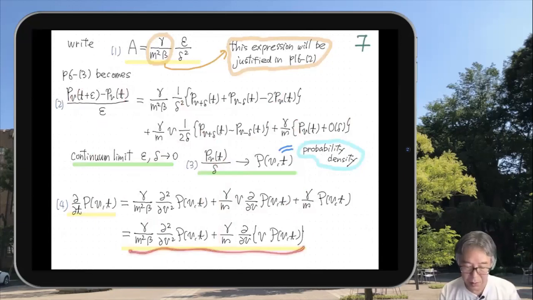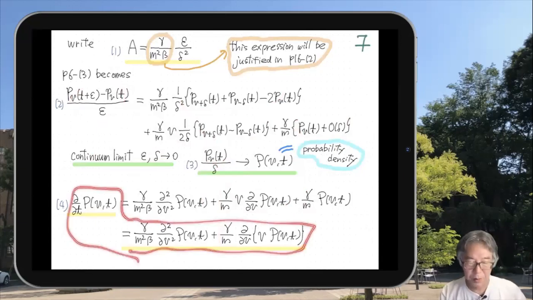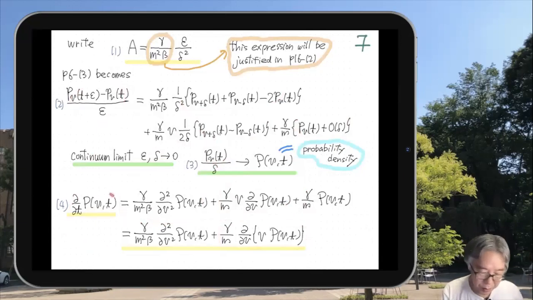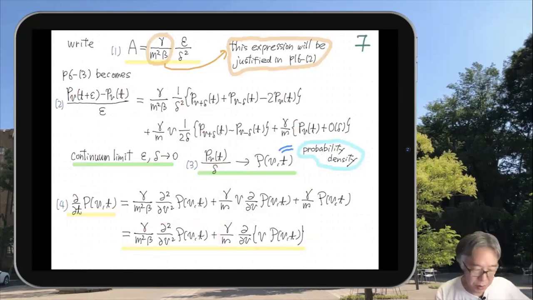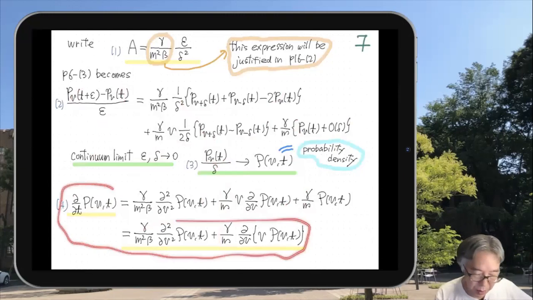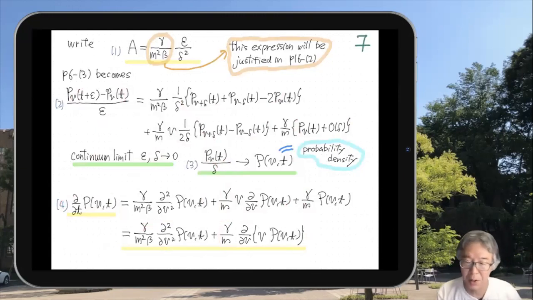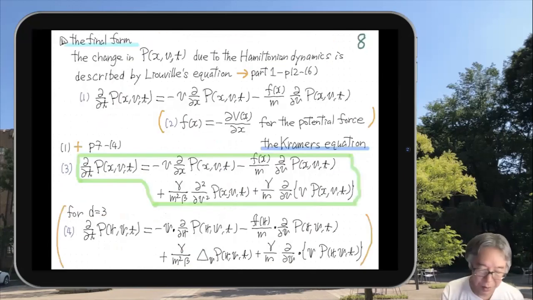So now we have found that the effect of collisions of water molecules can be described by using this partial differential equation.